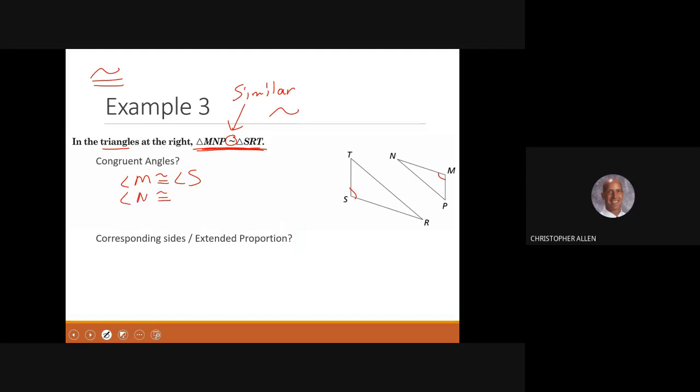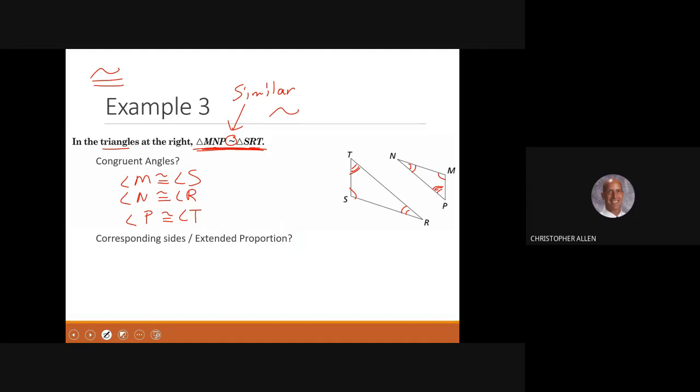Well, angle N was the second letter, so it's got to be the second letter over here. So that's angle R. So angle N, that's this angle, has to be congruent to angle R. And finally, angle P has to be congruent to angle T. So that's this third angle and this third angle here. So those are the congruent corresponding angles.